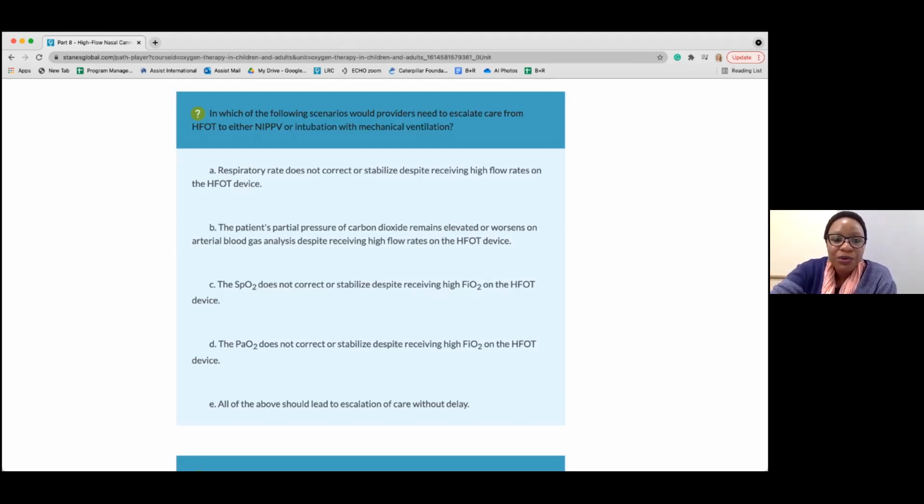So just to go through, if your respiratory rate is not improving, if the partial pressure of carbon dioxide remains elevated, if your saturations are not improving, and if the partial pressure of arterial oxygen does not correct or stabilize despite this therapy, you may consider escalating care. So well done to everyone for getting this particular question correct.